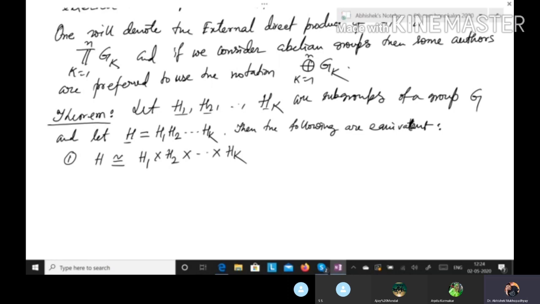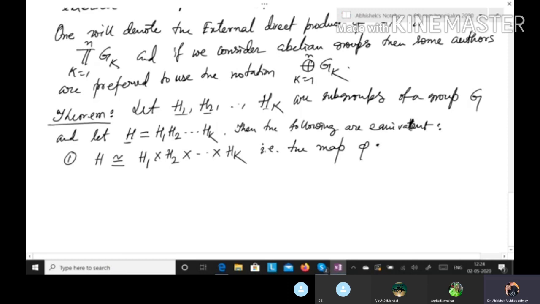Because how do we construct this isomorphism? Actually, if we are given H1, H2, Hk, then one may consider a map. What is the map? Let us have a look.